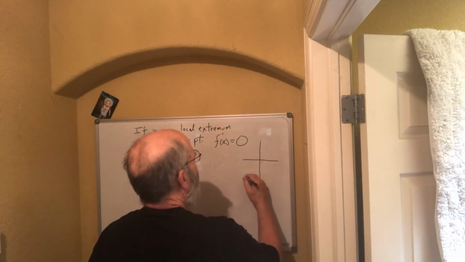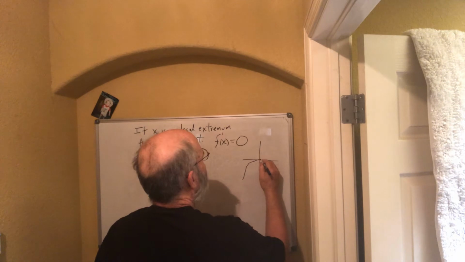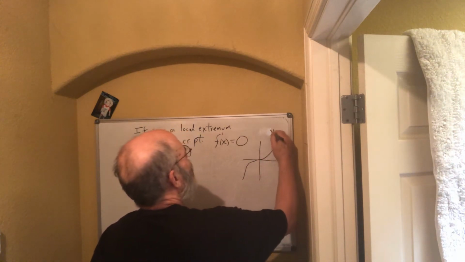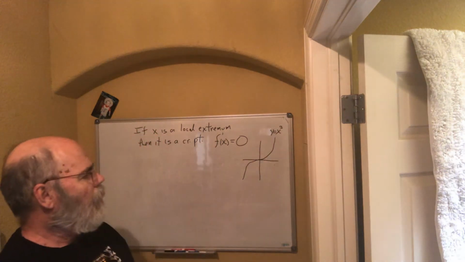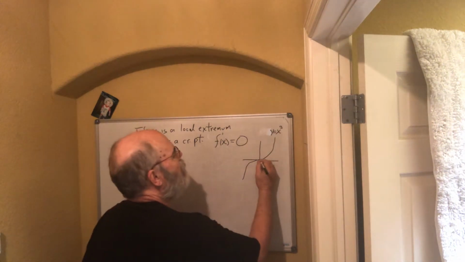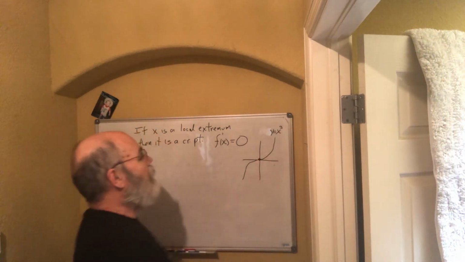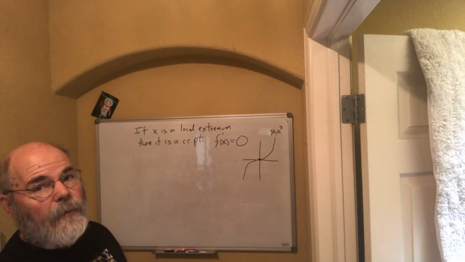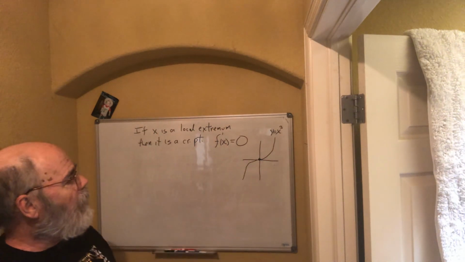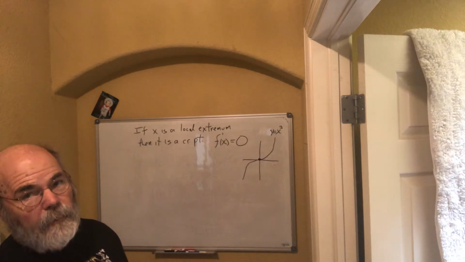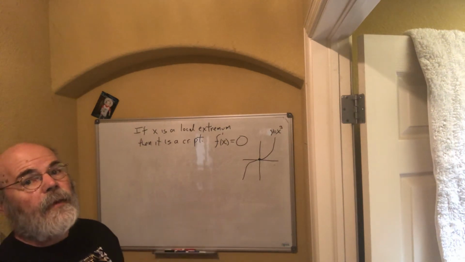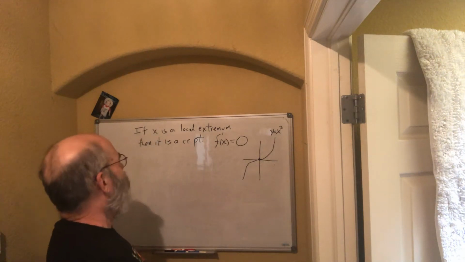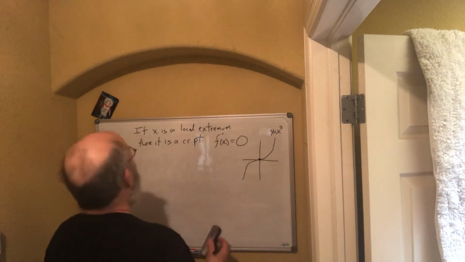So the function, say y is x cubed, looks something like this. That guy actually is a critical point because the derivative there is 0. However, you can see it's not an extremum. Okay, once again, these same sorts of things can happen in 2 dimensions as well.